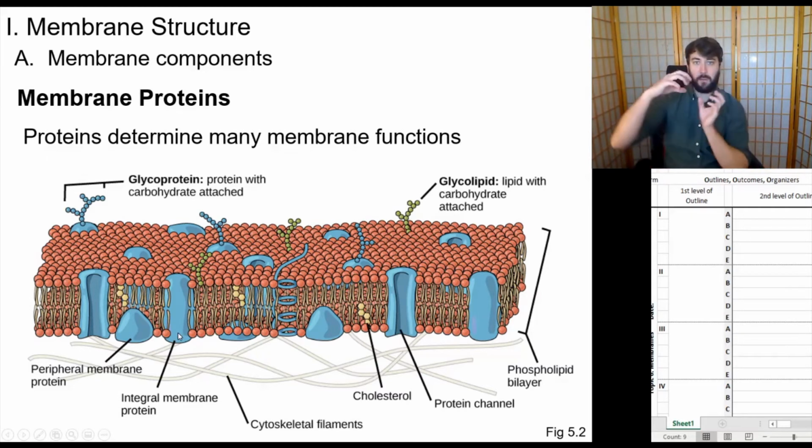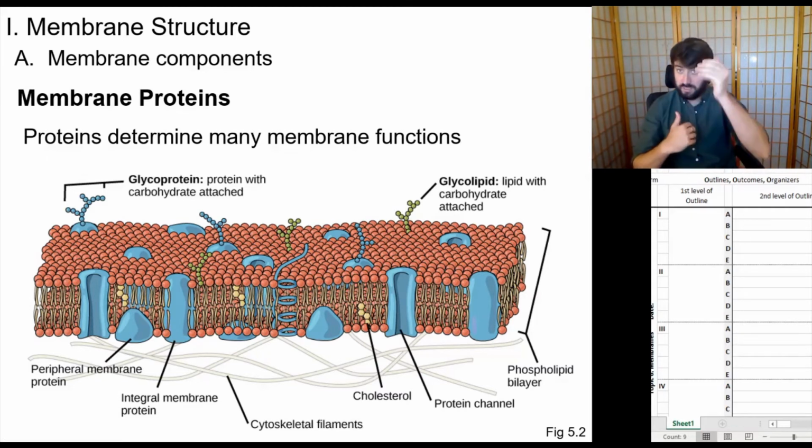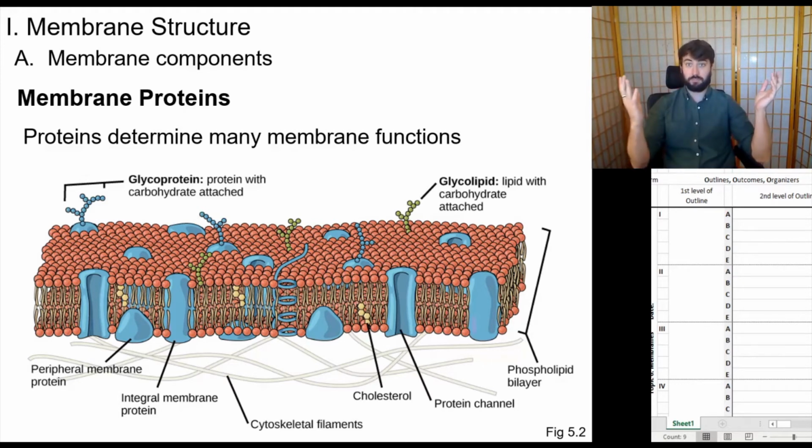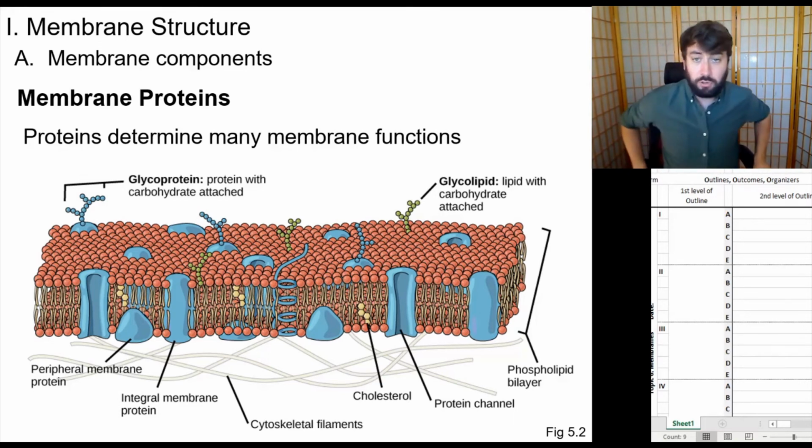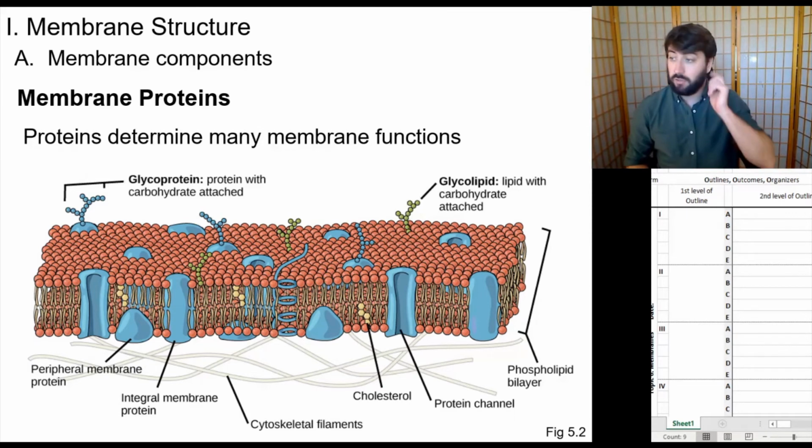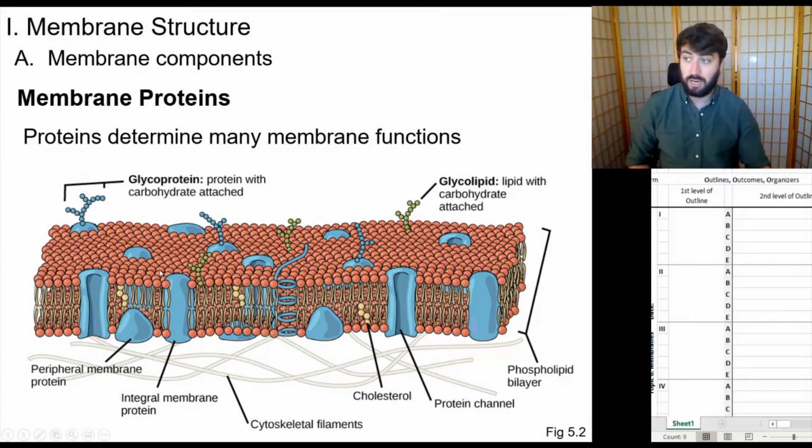Some portions of that transmembrane protein are polar, and other portions are non-polar, which makes the whole thing amphipathic, right? The non-polar portions are in the middle with the fatty acid tails, hanging out in the middle of the layer, and the more polar sides of the protein are hanging out on the outsides. Okay.